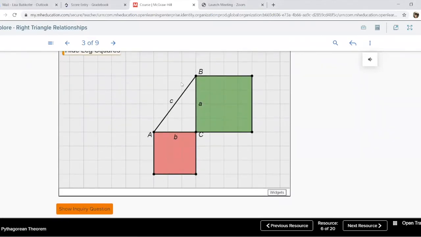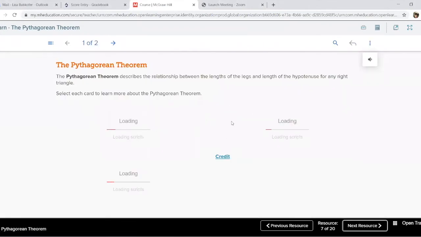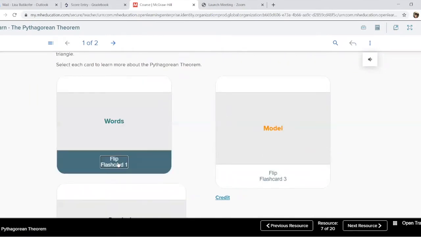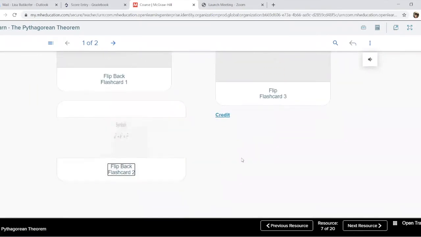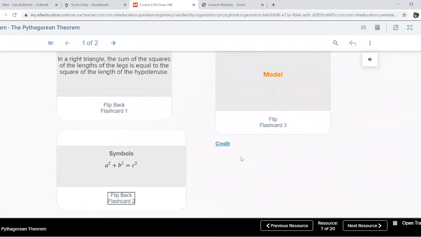The size of this one is 1, 2, 3. The size of this one is 1, 2, 3, 4. And I'm going to show you the formula to be able to figure out what it is. So your formula is a squared plus b squared equals c squared.